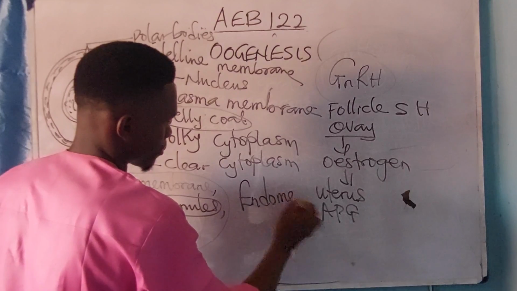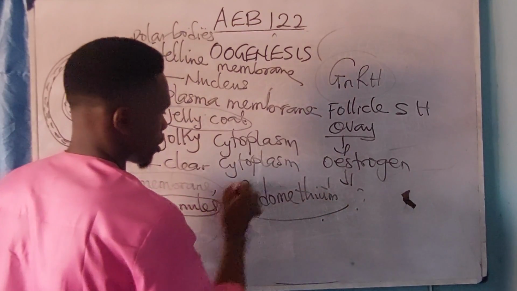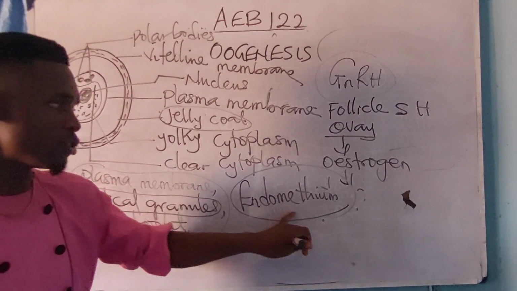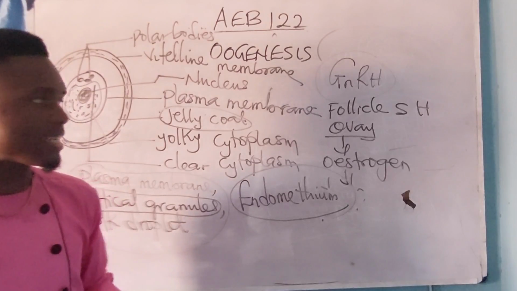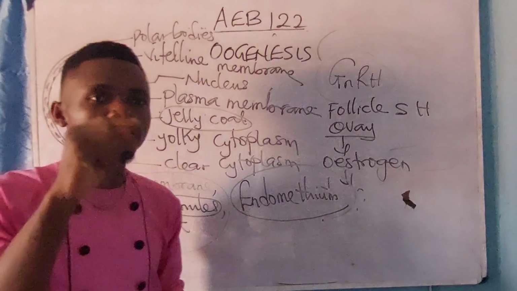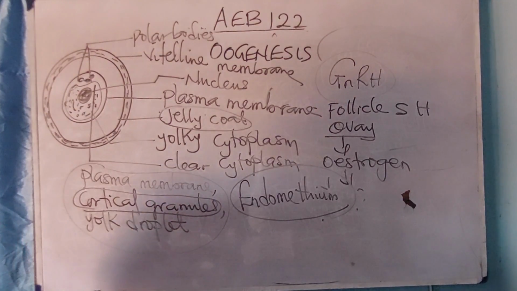Endometrium. All right. The lining of the uterus or the womb is called what? Endometrium. Then in the anterior pituitary gland, it inhibits it. It prevents it from producing what? Follicle stimulating what? Hormone.